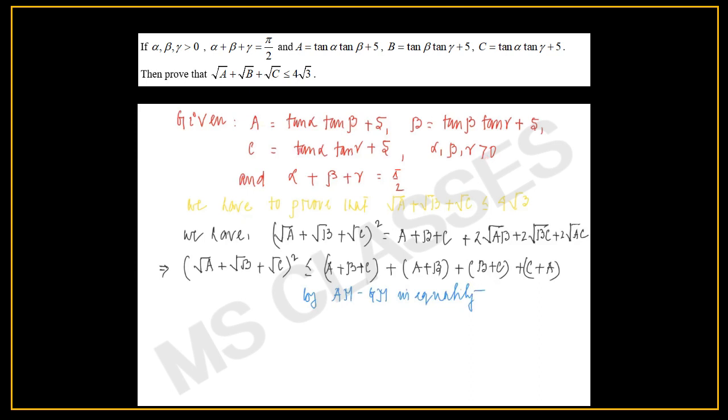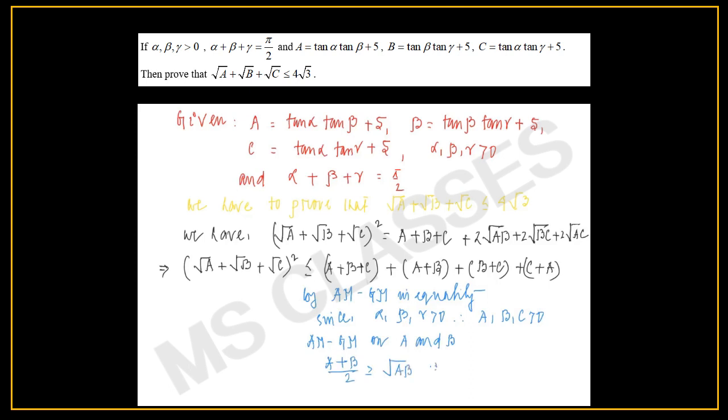Here we have seen α, β, γ are positive. So that means A, B, C are all positive. Since α, β, γ > 0, therefore A, B, C > 0. Now we apply AM-GM on A and B. If we apply it, we get (A + B)/2 ≥ √(AB).